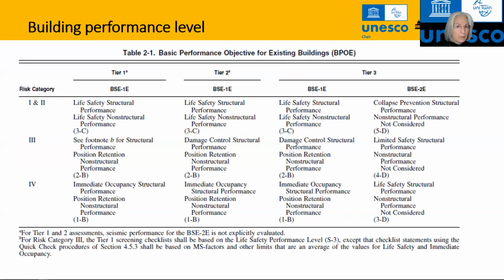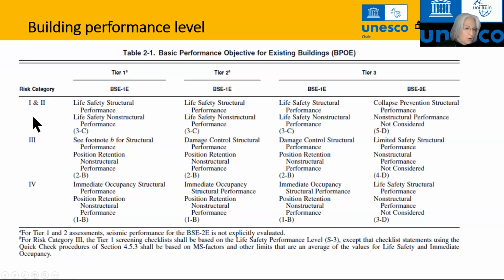I'm speeding up a bit, but here you have descriptions of different performance objectives. You have a different level of assessment for the three different tiers that we have seen in the graph earlier, but you also have different levels of performance objective given the reference earthquake and the extreme earthquakes, for different categories of buildings.